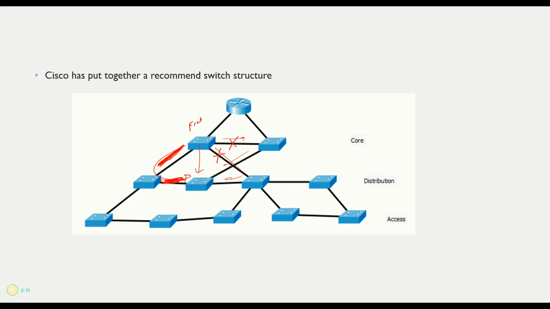We call this spanning tree protocol, because we have kind of a tree structure here, and we can turn off certain links and only allow certain other links, so that everything only has one way to get to any other given place. And then if that goes down, if this for some reason were to go down, then one of these other ones would open up and allow traffic to go another direction.